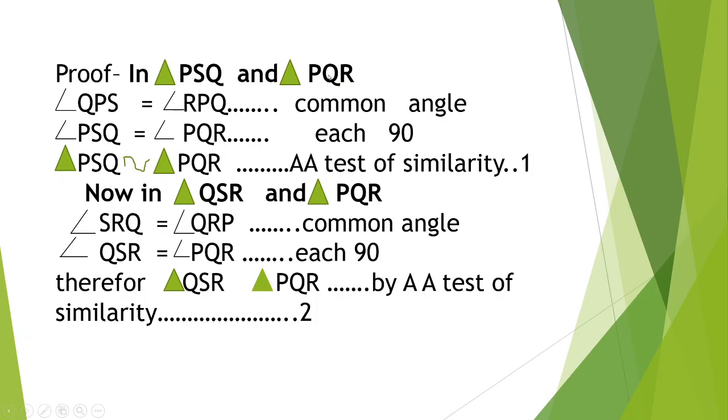In triangle PSQ and triangle PQR, we showed QPS and RPQ as a common angle, and PSQ and PQR are 90-degree angles. So triangle PSQ and triangle PQR become similar. So I write here triangle PSQ is similar to triangle PQR. By which test? Angle test of similarity. This is our equation 1.